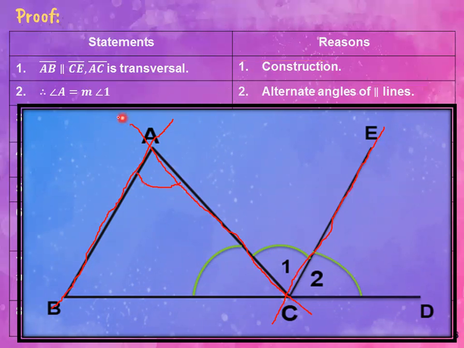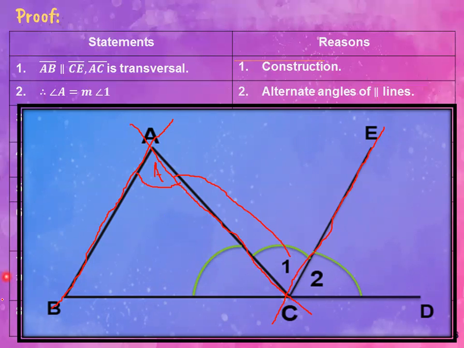So this angle A will be equal to angle 1. Why is it equal to angle 1? Because they are alternate angles of parallel lines.